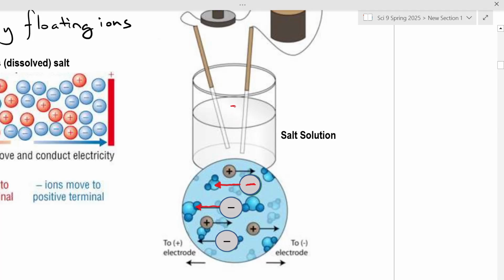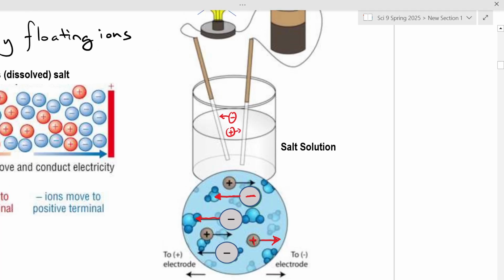So we would have negative ions in here and they would move to the left. There are positive ions that move to the right. So we would have a positive ion and it would move to the right.